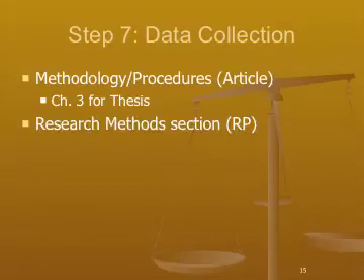Our seventh step, after we've developed our methods, we have to go out and actually do the research. So we do data collection of some sort. In a journal article, this is part of the methodology or the procedures section where they describe how they collected the data. And again, for our thesis, this will also be chapter 3, where we're describing how we collected the data.